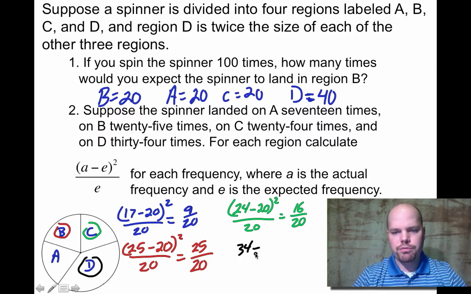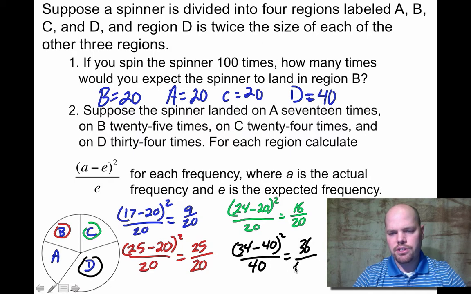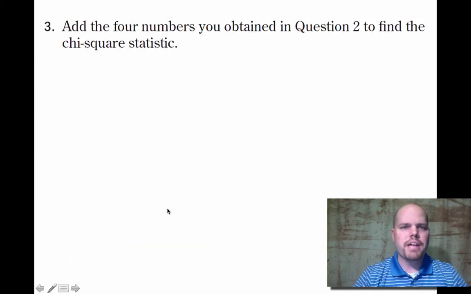We expected 40 because it's twice the size of the others. Square that difference and divide it by what we expected, 40. So that would be negative 6. Negative 6 squared is 36, so that would be 36/40.